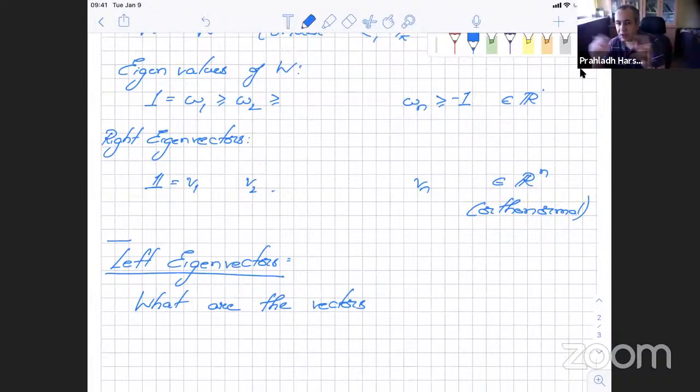The question is about eigenvectors. What are the vectors v1 prime all the way up to vn prime, such that vi prime transpose W equals omega i vi prime transpose, or equivalently W transpose vi prime equals omega i vi prime.